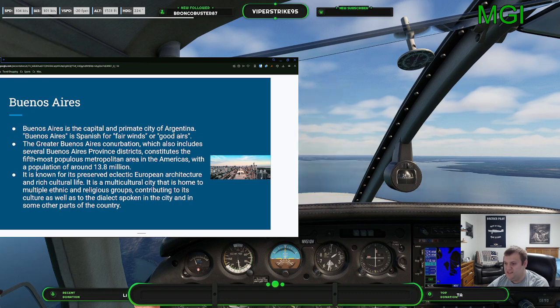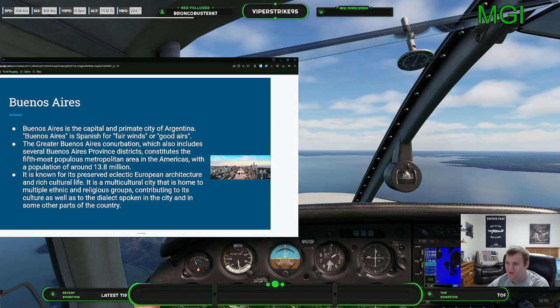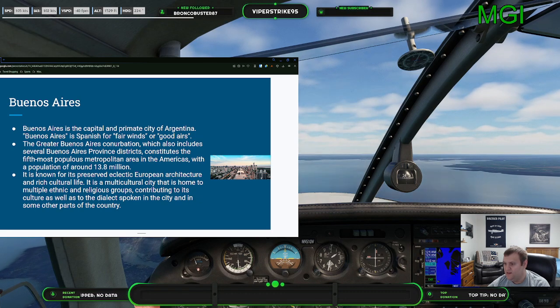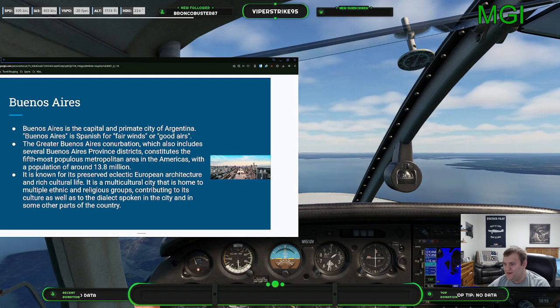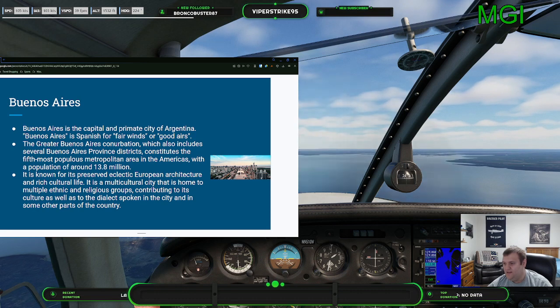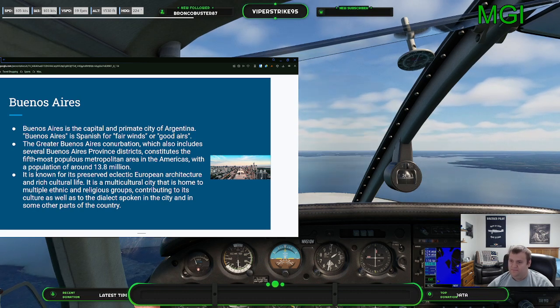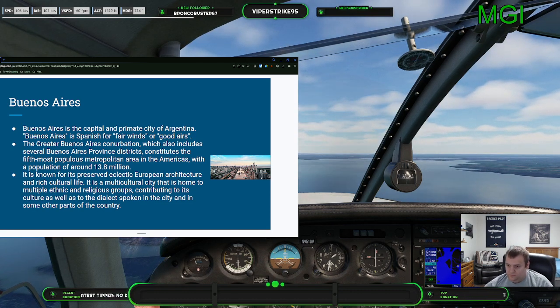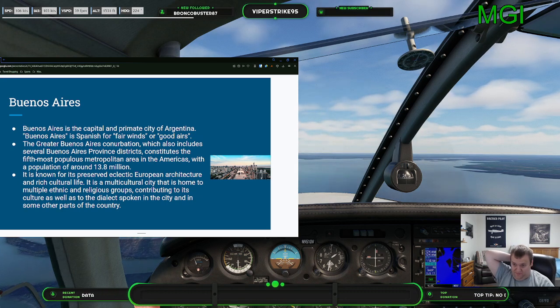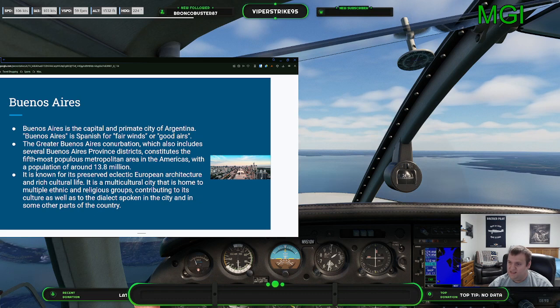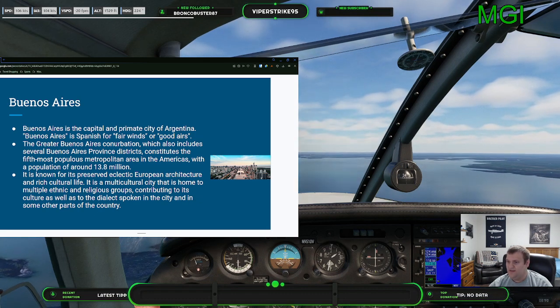But Buenos Aires is a city of rich history. It was established on February 2nd, 1536 by Pedro de Mendoza, and it was reestablished in 1580 by Juan de Garay. Its history dates all the way back, and it was mainly dependent on trade. A lot of trade was developed here in the city.